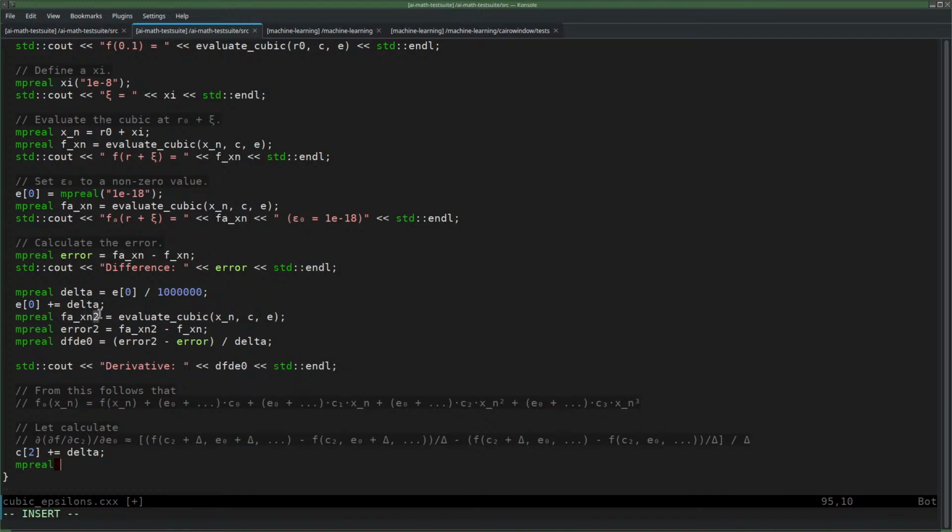I numbered it with 2 here, there must be a better way, right? It is an approximation at xn with a delta applied to E0 and C2. I'm going to do delta C2 delta E0, which is just then the evaluation of that thing.